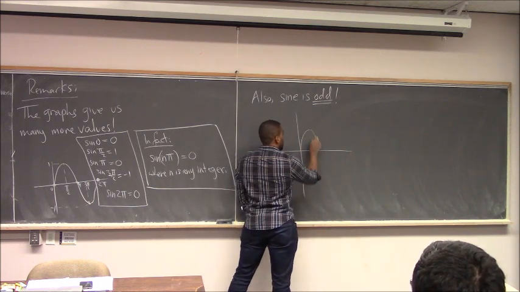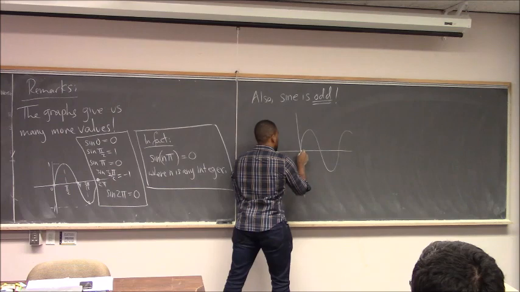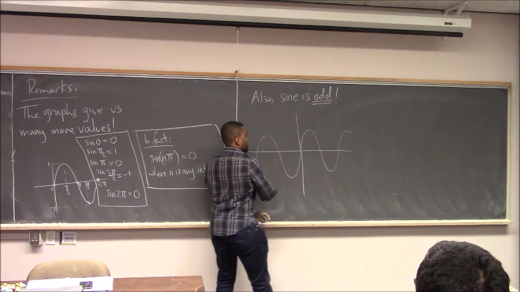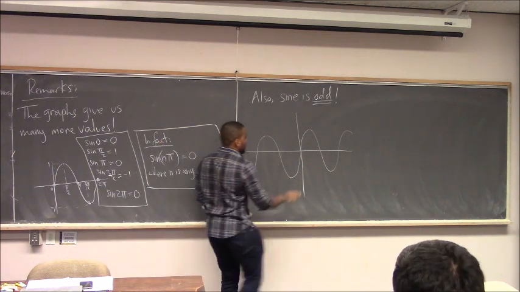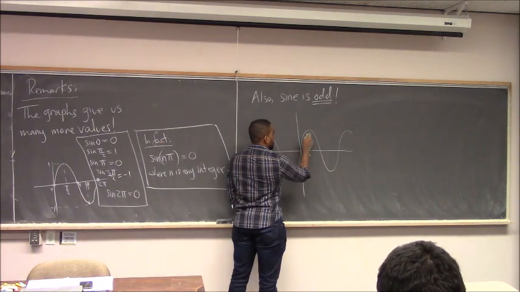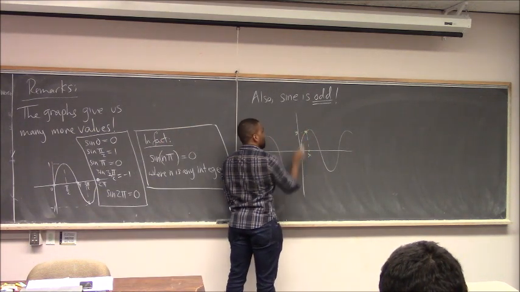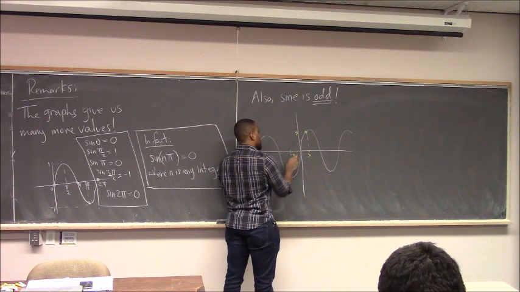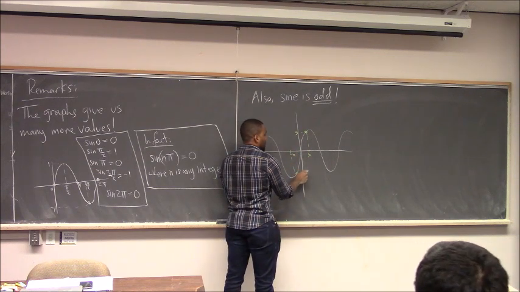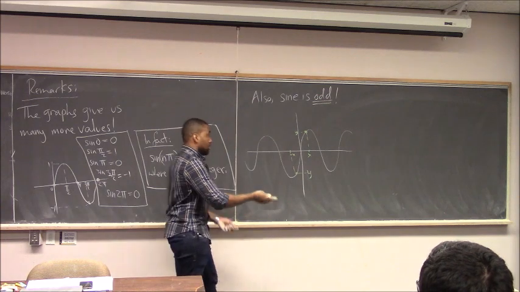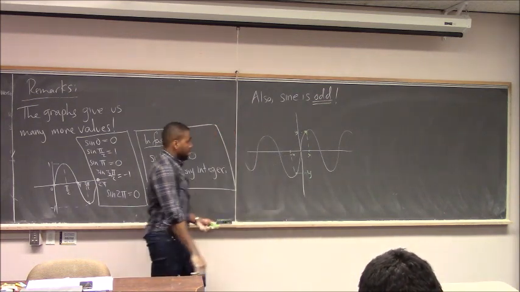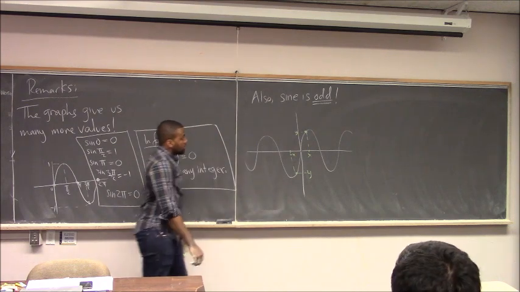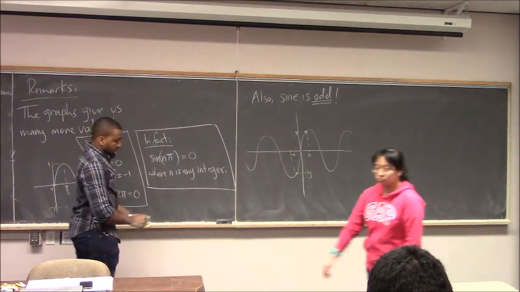If you look at the sine function, pick an x value, it'll output some y value. If you pick the negative of that x value, it'll output the exact negative. It's kind of symmetric. Points here, I can rotate around the origin and hit points over there. This means that sine is odd.